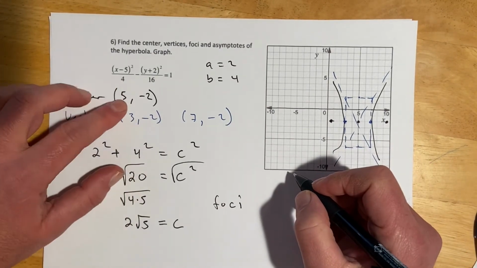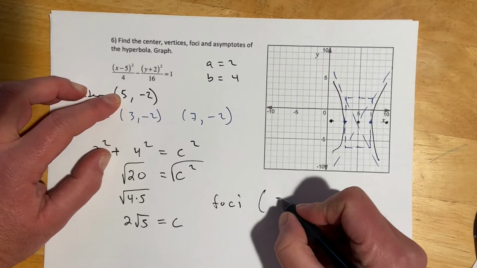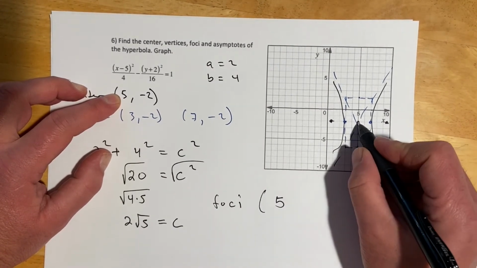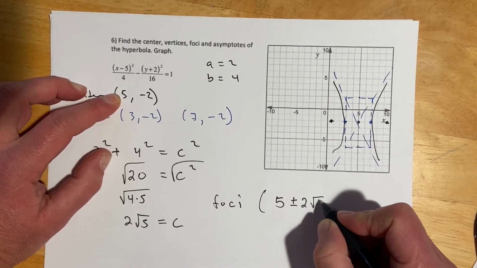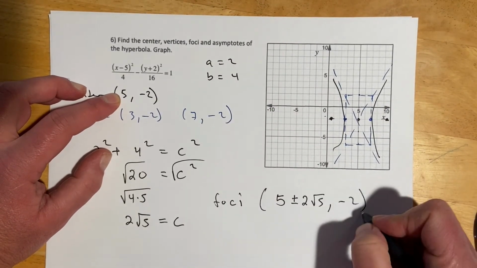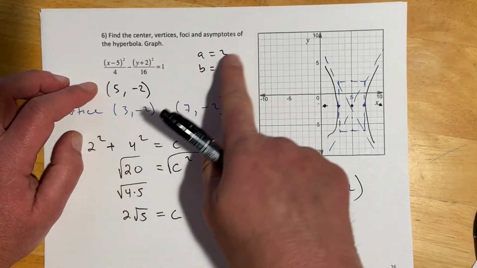So that means I'm coming off of this 5. Not that we couldn't just look here, but again, backwards. So we're going to go 5, and then from 5, we're either going to go plus 2√5 or minus 2√5. So plus or minus 2√5. And again, everything's happening along -2.